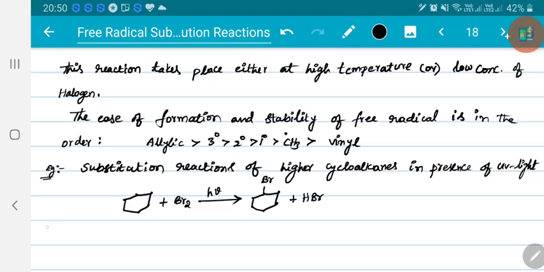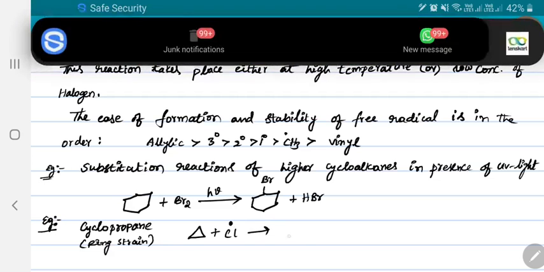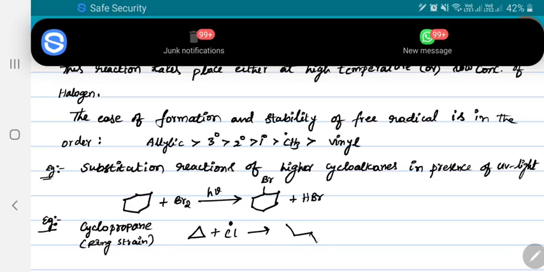Now, when there is ring strain, in such a case also there is a possibility for radical mechanism. For example, if you take cyclopropane, it has ring strain. Because of ring strain, it will react with halogens. So with the chlorine radical, it readily forms a radical, and here chlorine.